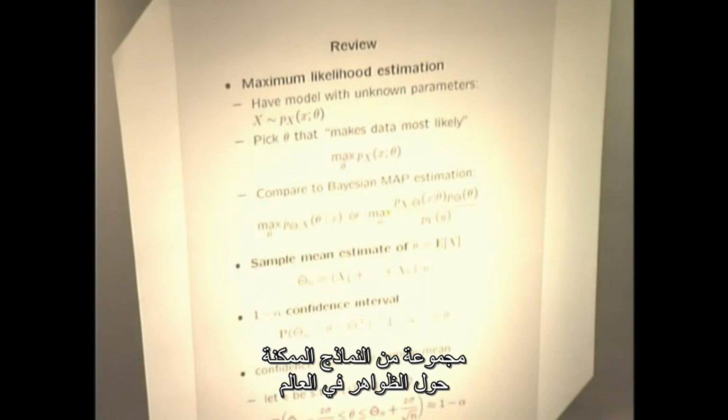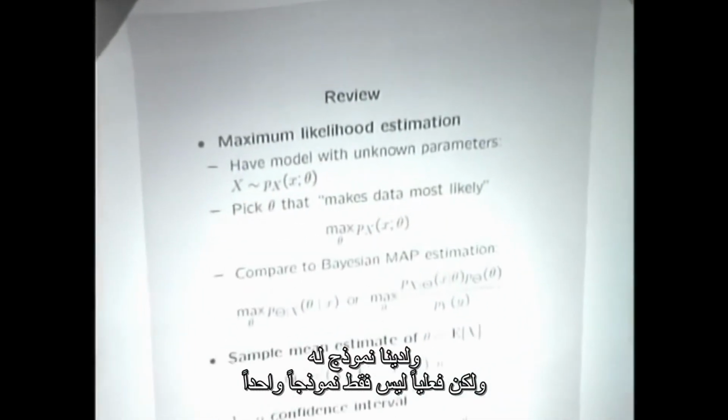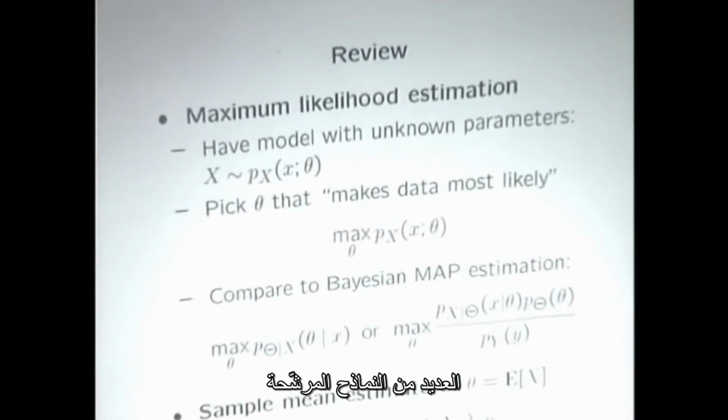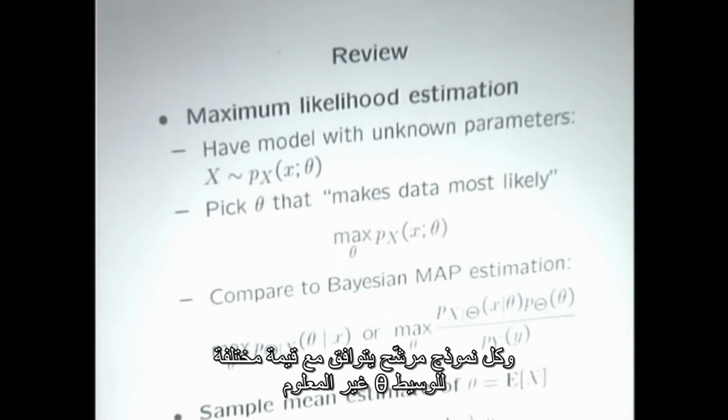So in classical statistics, we basically have a family of possible models about the world. So the world is a random variable that we observe. And we have a model for it, but actually not just one model, several candidate models. And each candidate model corresponds to a different value of a parameter, theta, that we do not know.